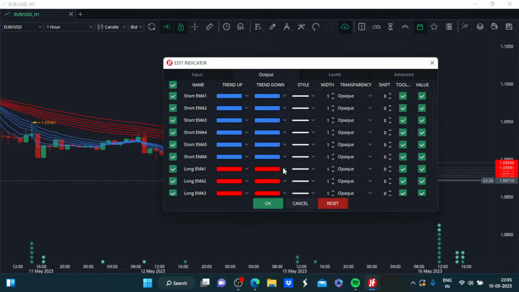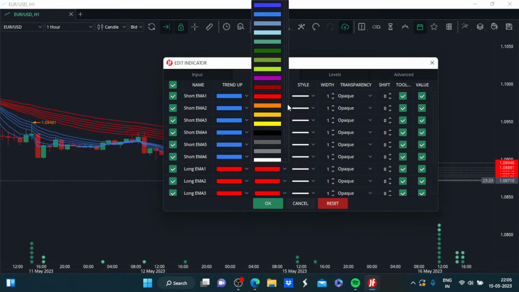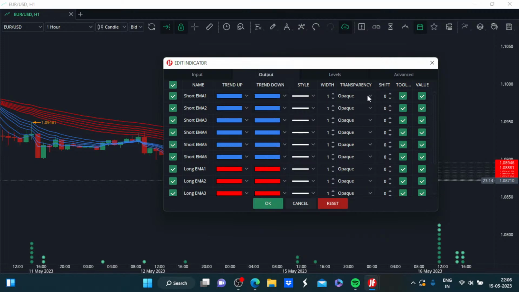All these options are provided on this panel. You can even go for change of styling, width, increase or decrease. Transparency factor can also be varied. You can go for fully opaque prominent lines on the chart, or you can even reduce the transparency factor so that the indicator will be looking a lot less prominent on the chart.